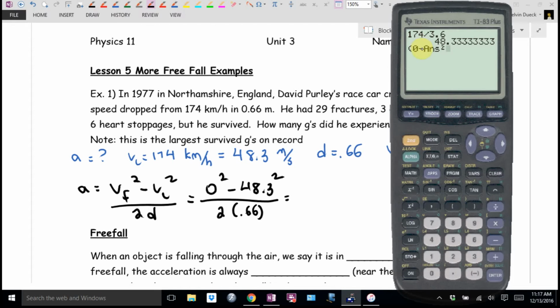I didn't bother putting the squared on the 0. If there was a non-zero number there, I'd put the squared there, close bracket, divided by. You might want to try this because the numbers are staggering. In meters per second squared, David Purley experienced negative 1,700, oh heck, let's round up, negative 1,770.